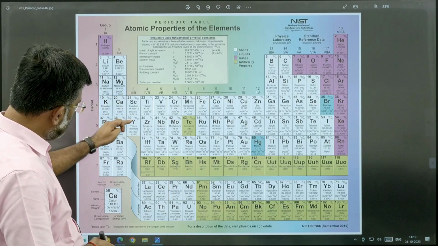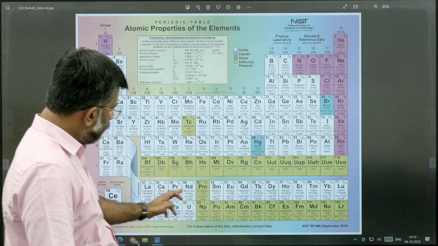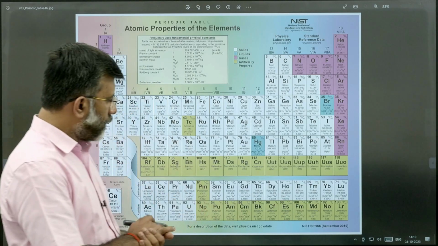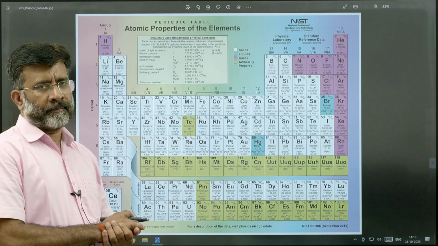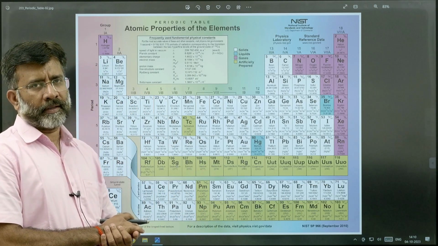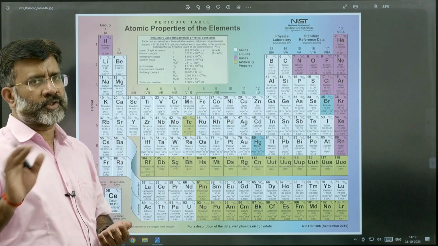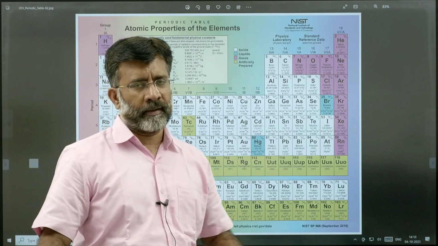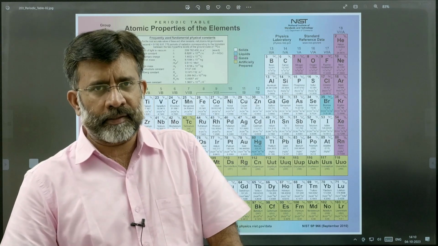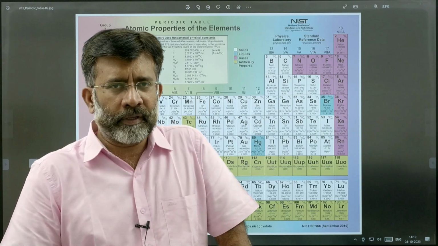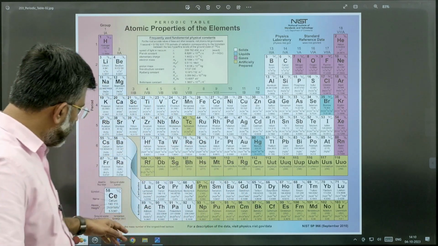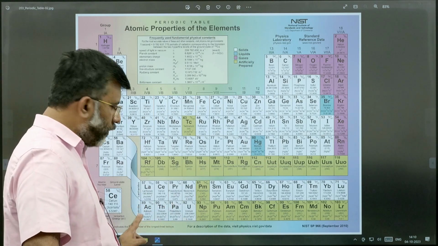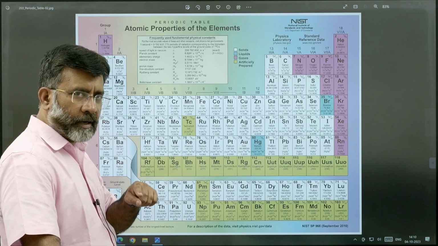After lanthanum, the 14 elements with 4f electronic arrangement are called lanthanoids. They are also called the 4f series. The second one is the actinoid series, with 5f electronic configuration.